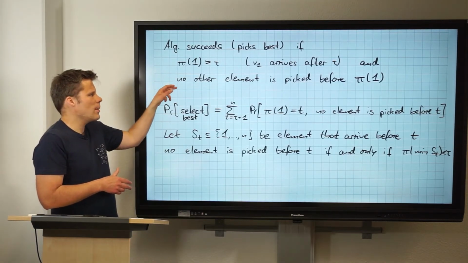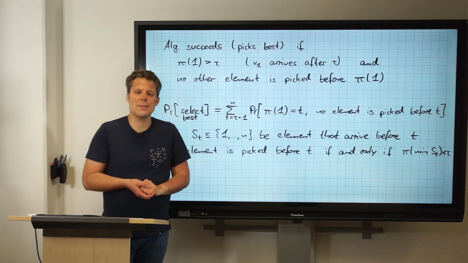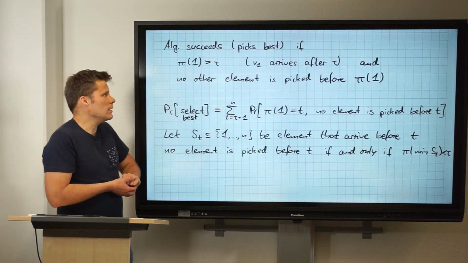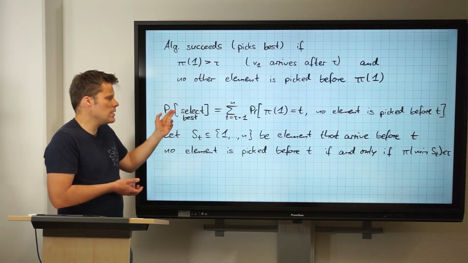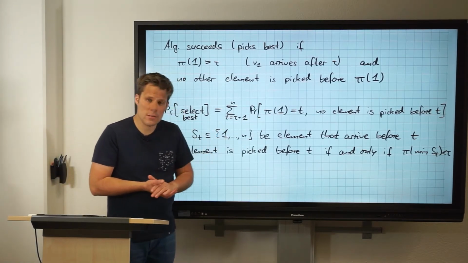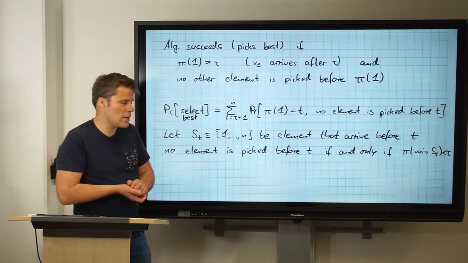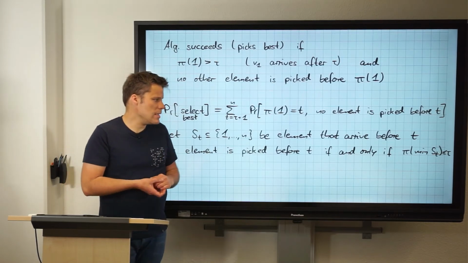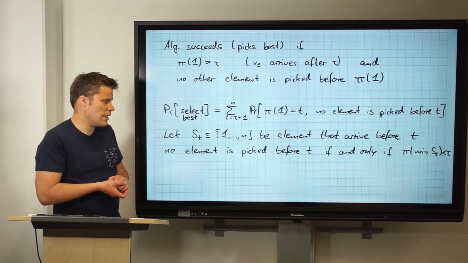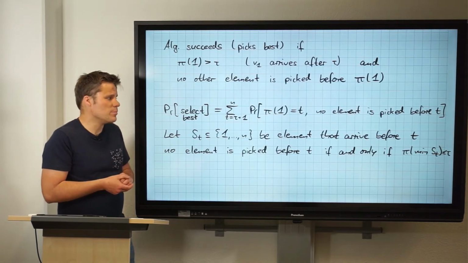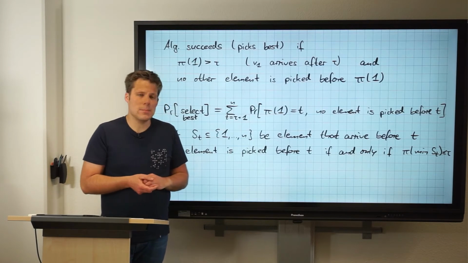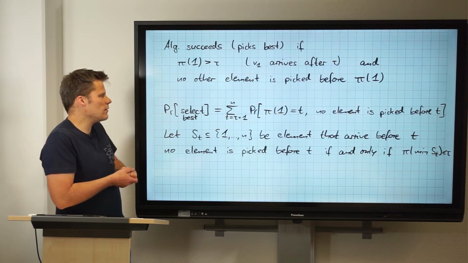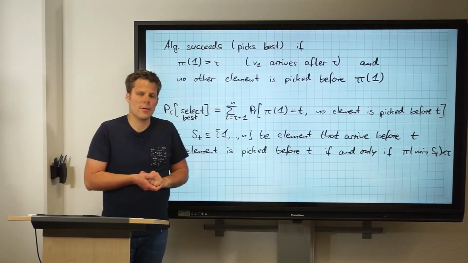So we have to have that no other element is picked before this step when the best candidate arrives. Now we decompose this into these disjoint events, depending on where the best candidate arrives. And now we introduce some notation, namely ST is the set of candidates that arrive before step t. And now we want to say, what is this event that no other element is picked before pi of 1?